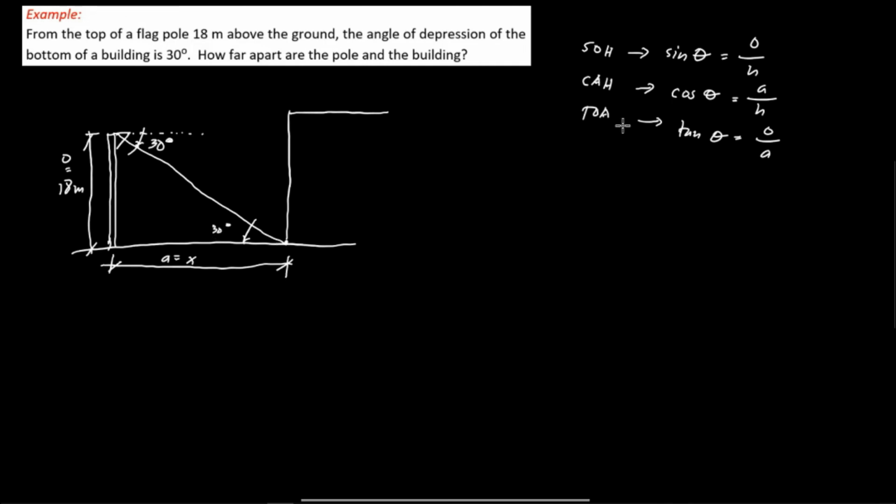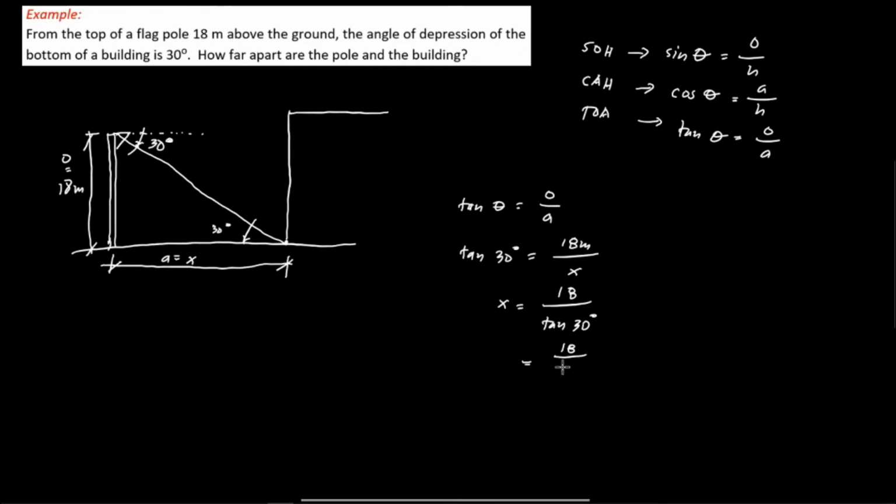Based on SOHCAHTOA, we will use TOA, or tangent theta is equal to opposite over adjacent, and the given angle is 30 degrees. So tangent 30 degrees is equal to the opposite side, 18 meters, over the unknown value x. Cross multiply, so x is equal to 18 meters divided by tangent 30 degrees.